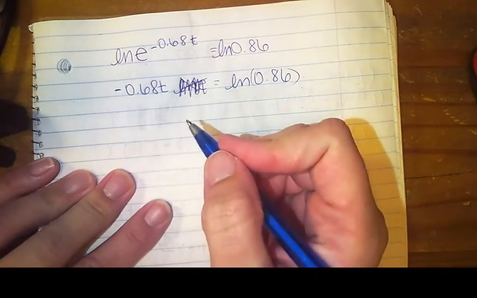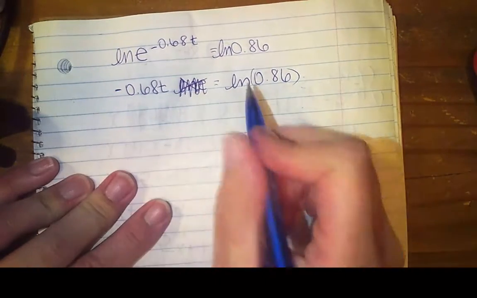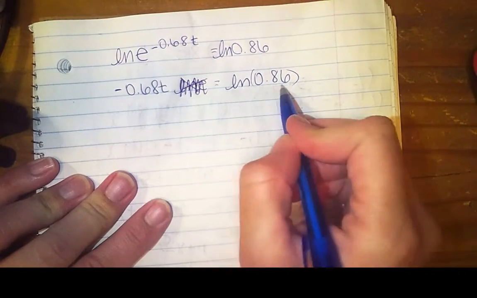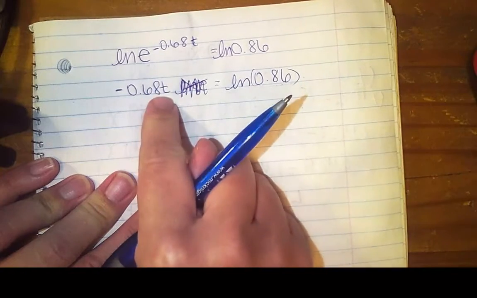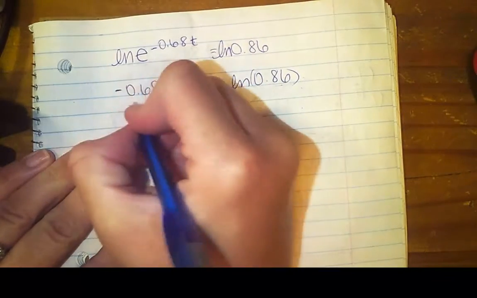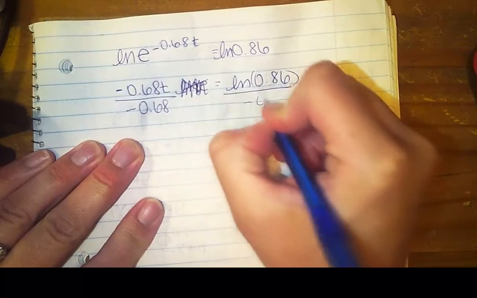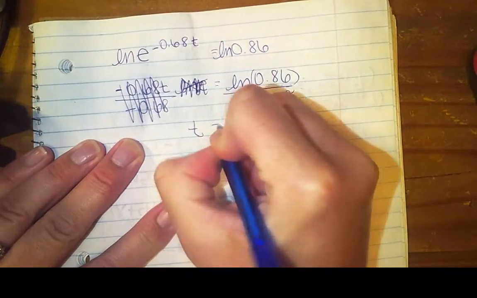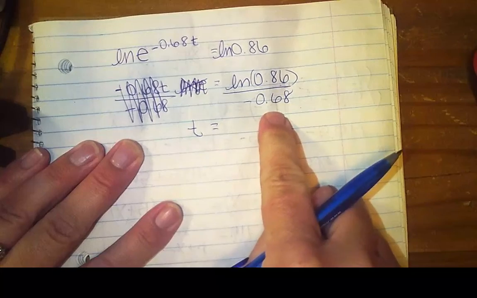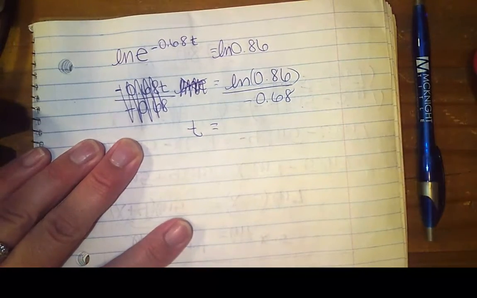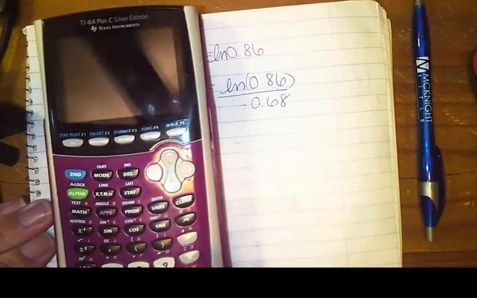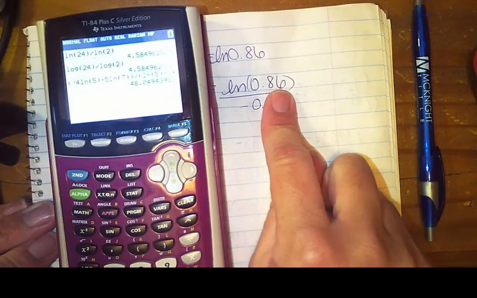And now it's more familiar. Remember, this is just a number. So I'm trying to get t by itself, so I'm going to divide both sides by negative 0.68. So it's going to disappear from the left, and it'll appear in the denominator on the right. So when I enter this in my calculator, again, be very careful with your arguments.